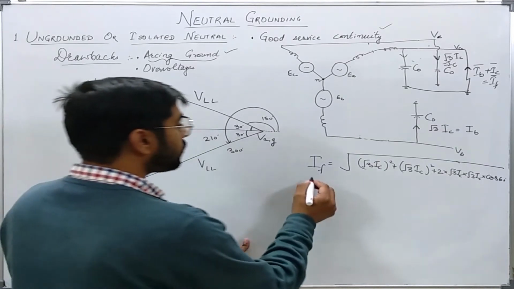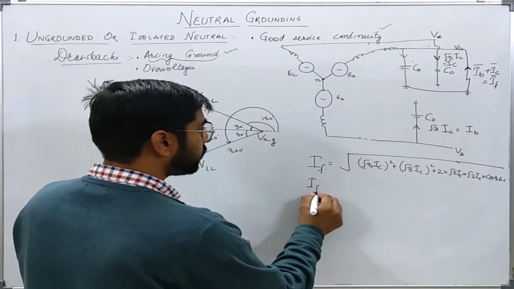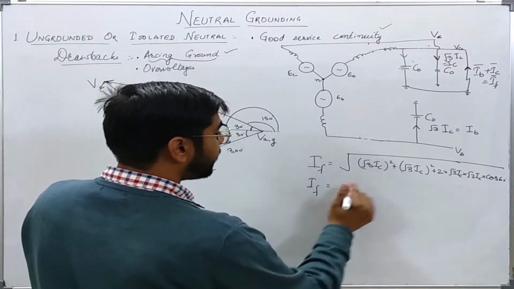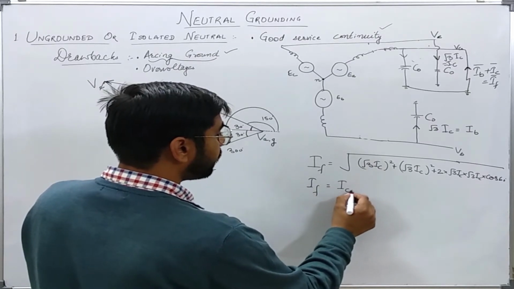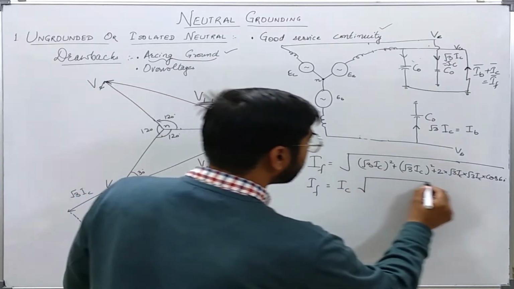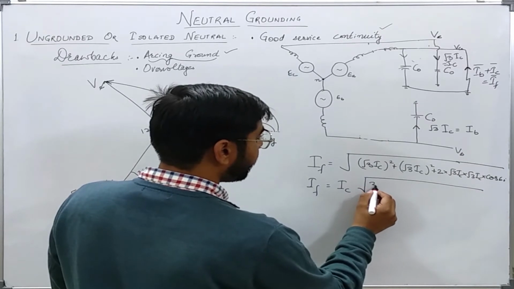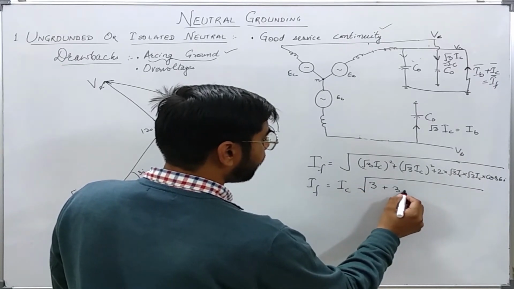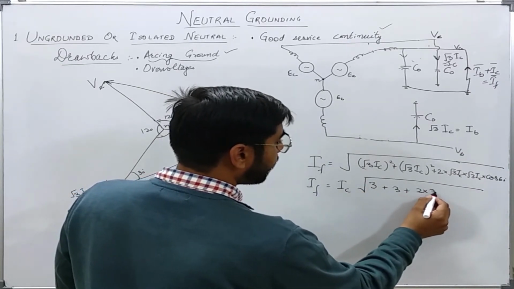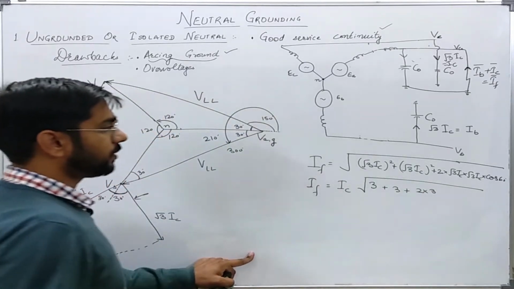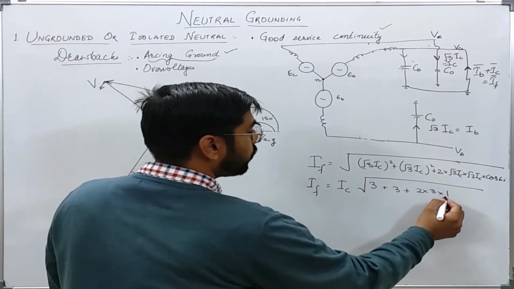IC squared is common, it will be taken outside. It will be 3 plus 3 plus 2 into 3 into 1 by 2.